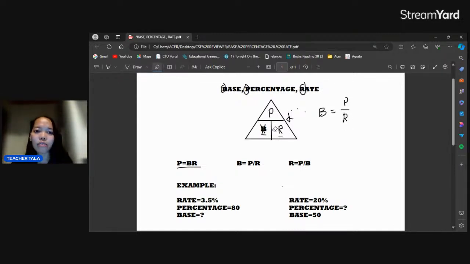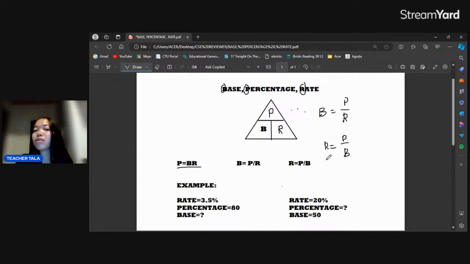But if si R naman yung missing, si P nasa ibabaw pa rin, kaya R is equal to P over B.